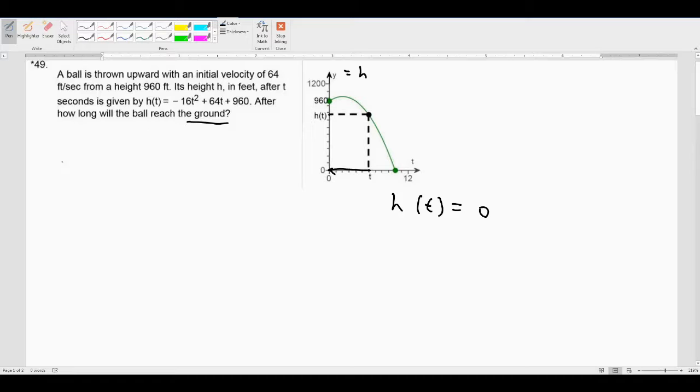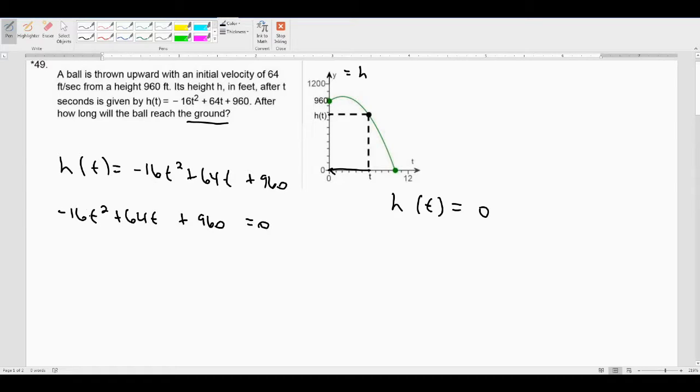So what you're basically doing is taking this function, which represents the height, and you're asked to find the time t when it hits the ground. What that means is you're asked to take this equation and set it equal to 0 and solve for t. And if you notice, since it's t squared, it's quadratic, which means we're going to use the quadratic formula.